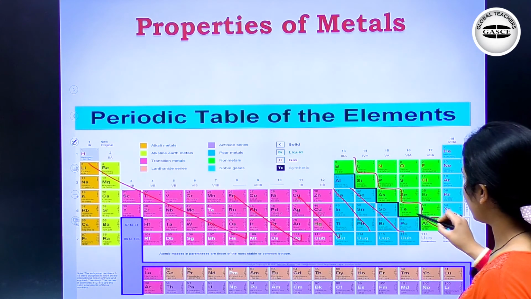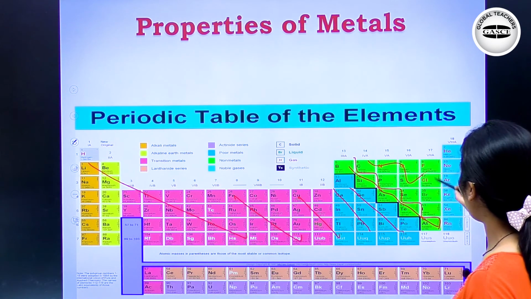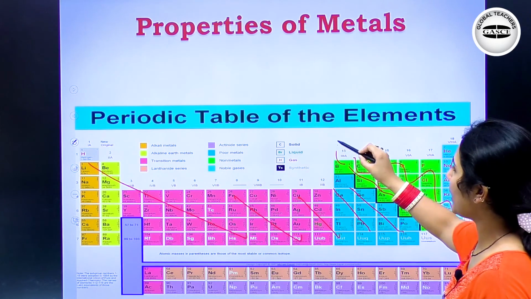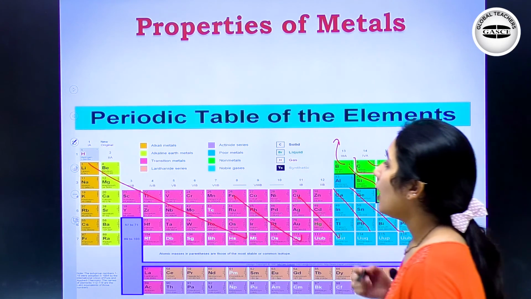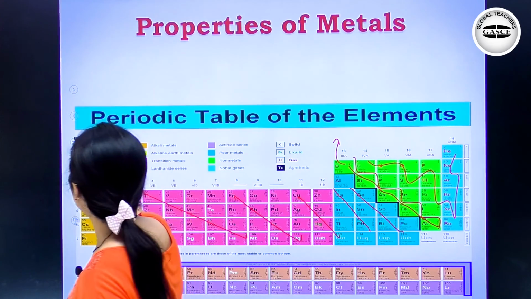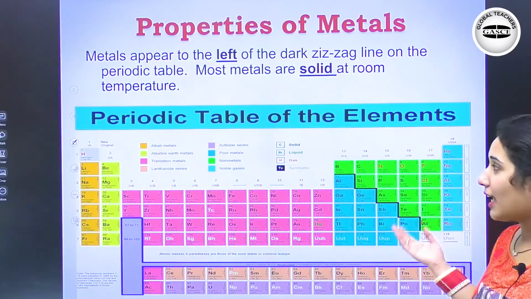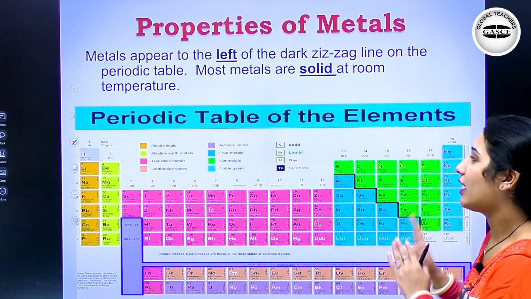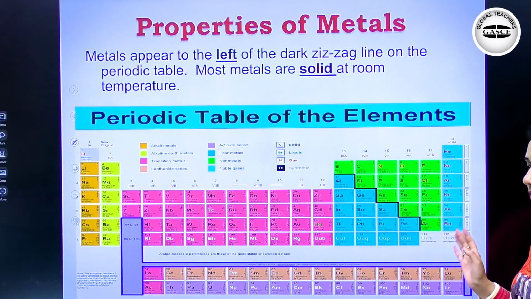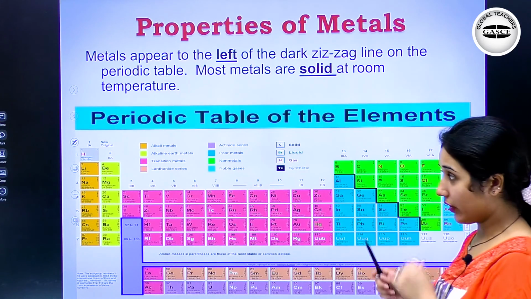If we keep this zigzag portion apart, this whole thing is known metals. Now, this diagram shows us a schematic periodic table in front of us.